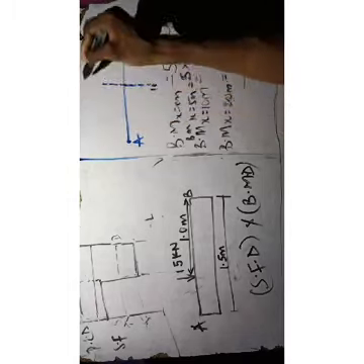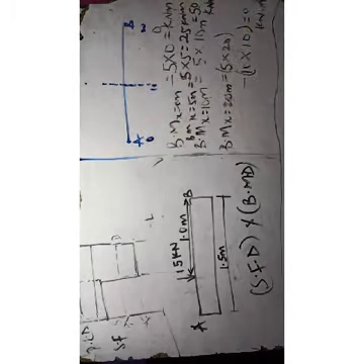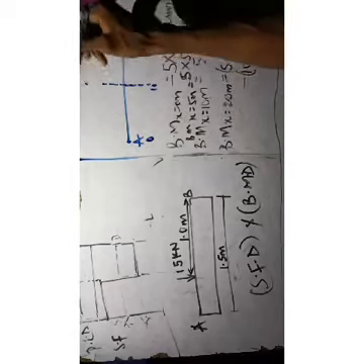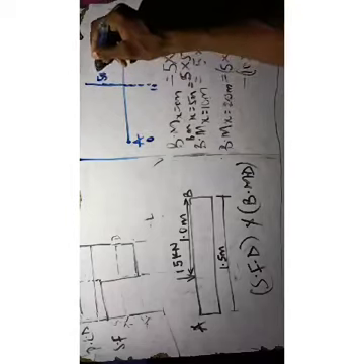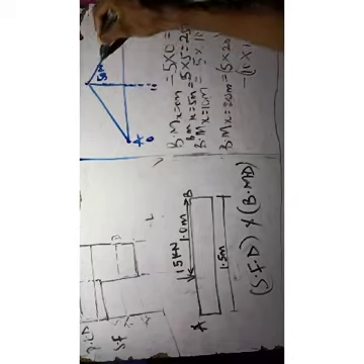When it was x equals 10 meter, that is 50 kilonewton meter. And it goes straight, and it comes back to 0.